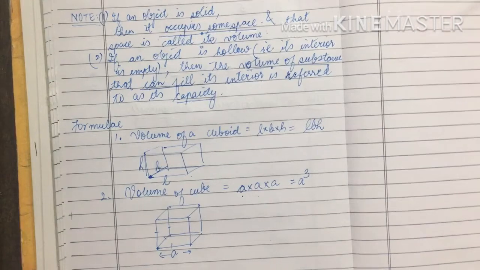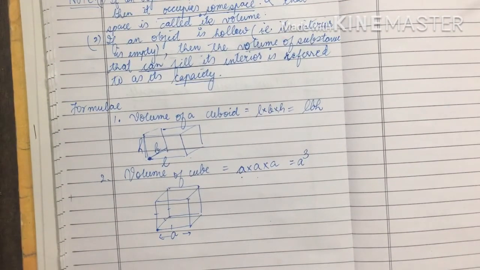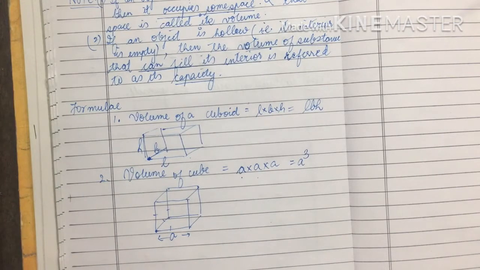This is the volume, and the units we use for calculating the volume are cubic units. So whatever units of length or the measurement of dimensions are used, the answer for the volume will be in cubic units.